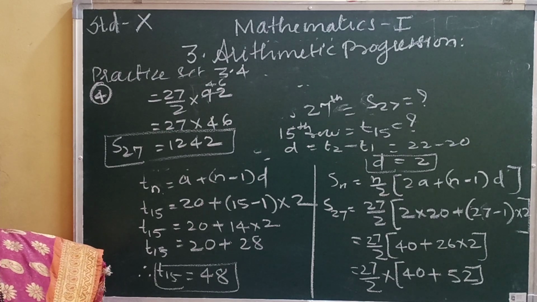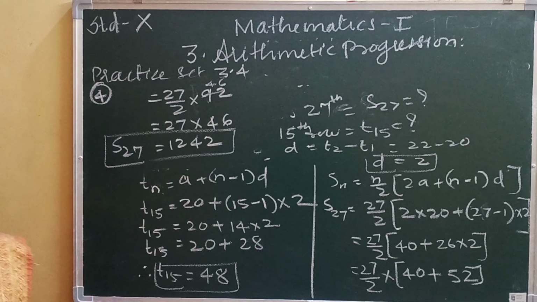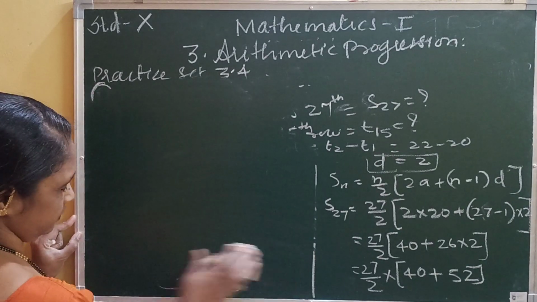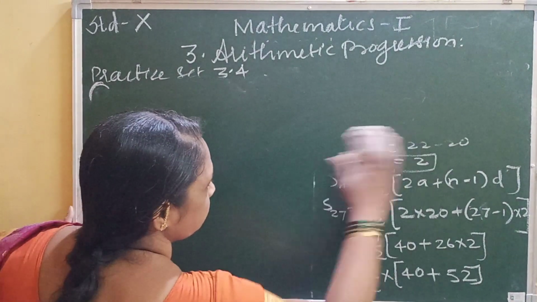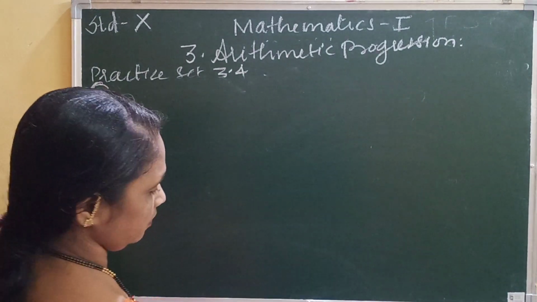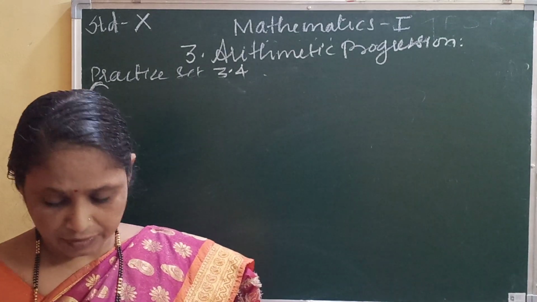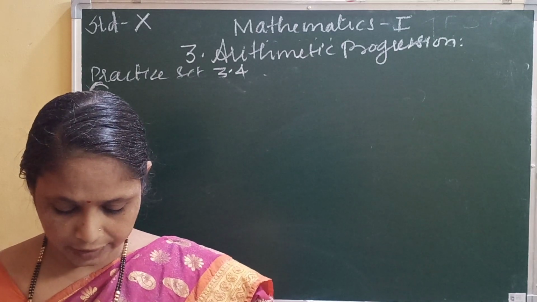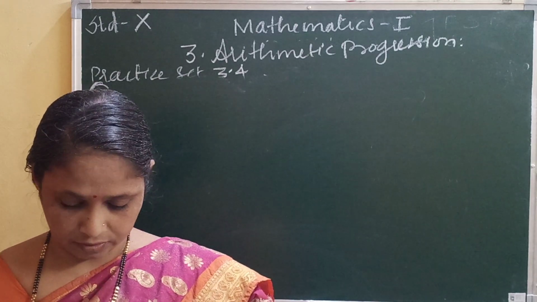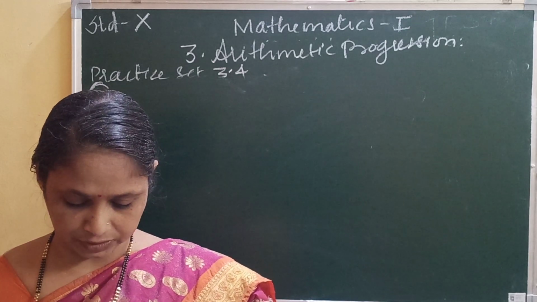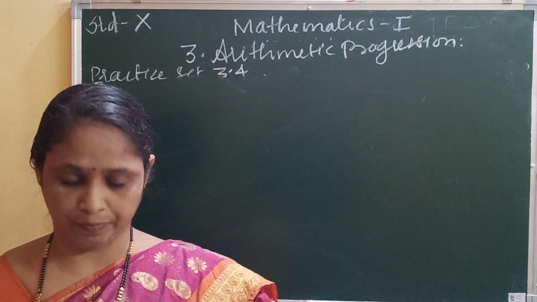Now next one is example number 5. What does it tell? Kargil's temperature was recorded for a week, Monday to Saturday. All readings were in AP.